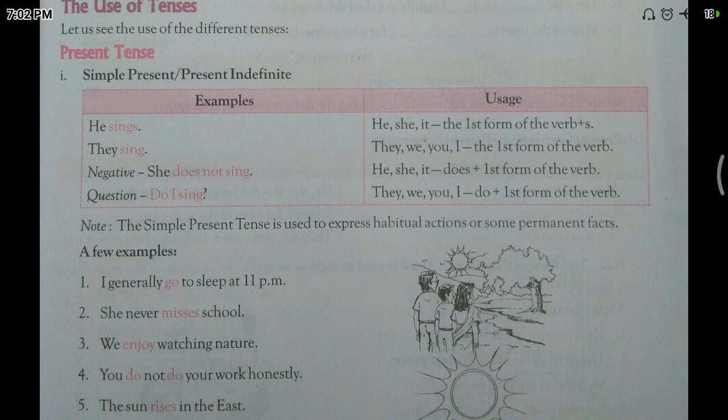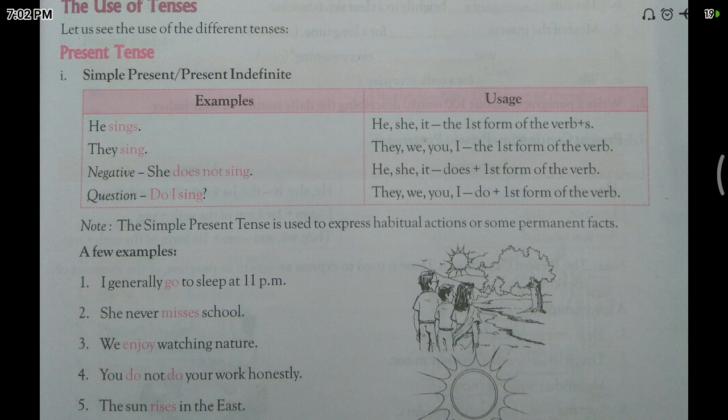And this is for the affirmative sentence. So during the affirmative sentence, you just use he, she, it plus the verb's first form with s or es. In affirmative, you use they, we, you, I plus the verb's first form.